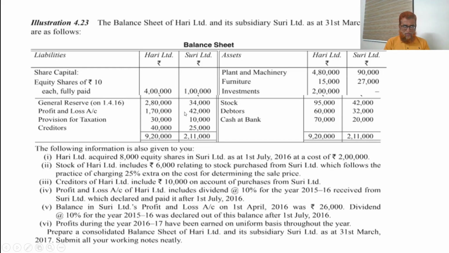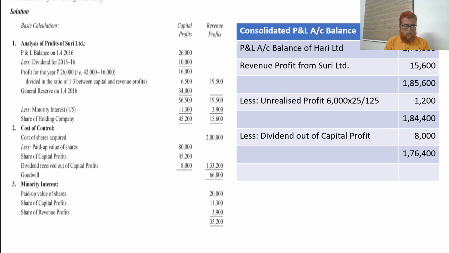Minus the beginning of the year, which we have calculated now as 16,000. So 42,000 minus 16,000, you will get 26,000 rupees profit for the year. This is the profit for the year, 26,000.